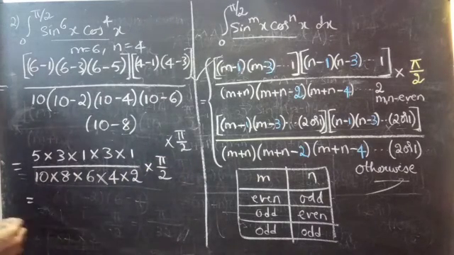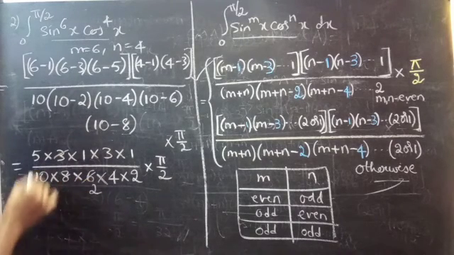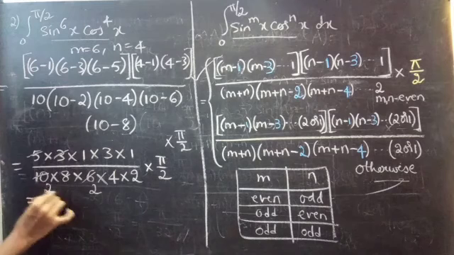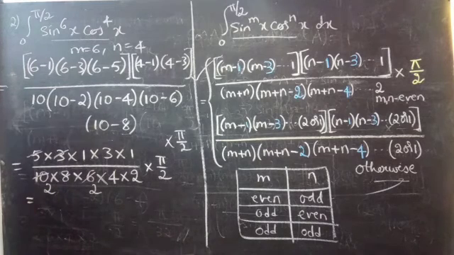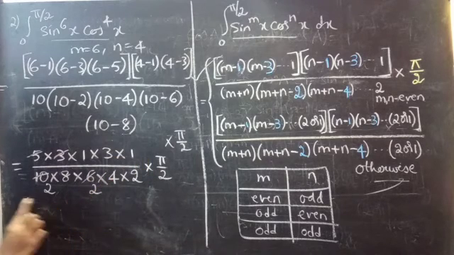So this is equal to: 3 2s are 6, 5 2s are 10, 1 into 3 into 1 into pi, 3 pi.